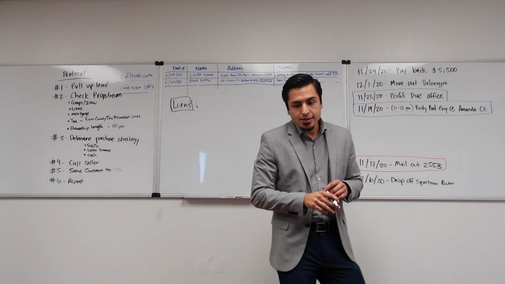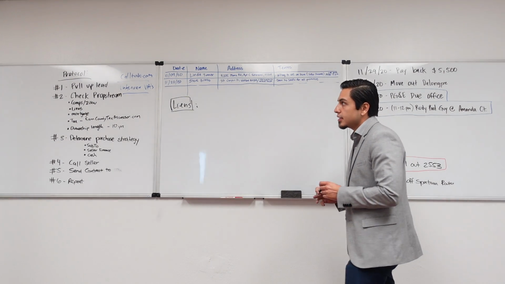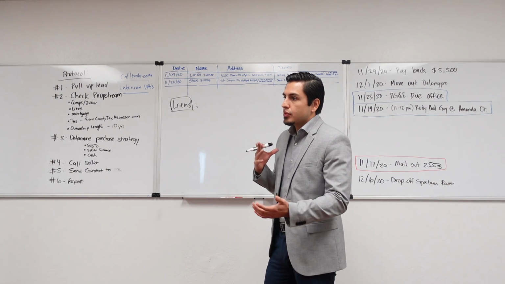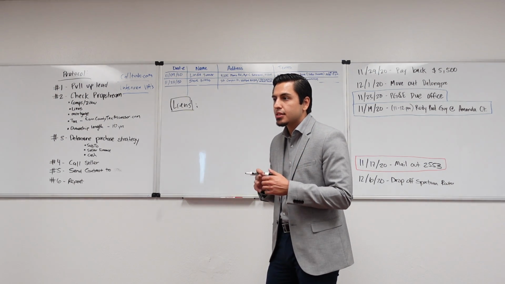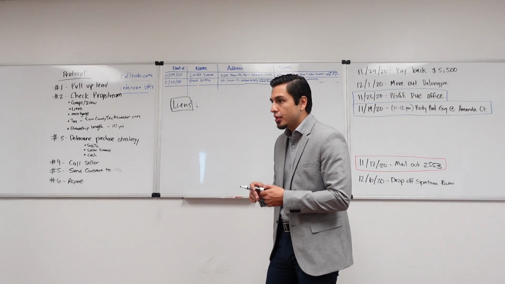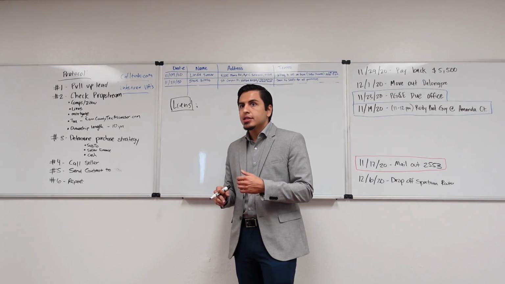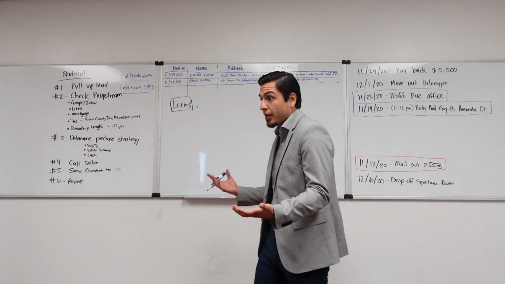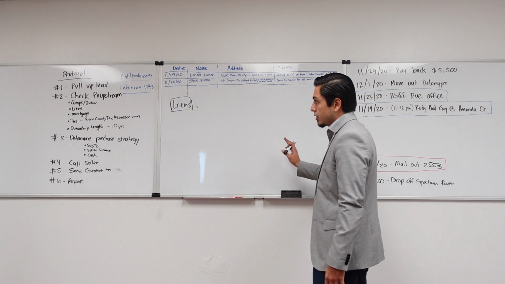Okay, so for liens. The cool thing about liens is that you are able to see that the person has some type of pressure. Because if they have a lien on their property, then that shows us that they are in some type of situation where they can't pay it. Now, don't get it confused.